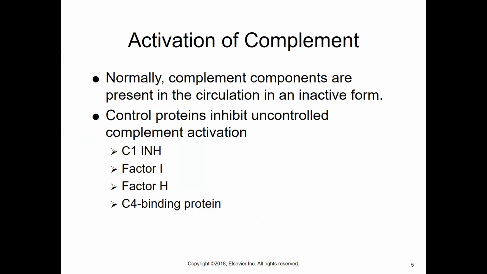The principal components of the classic pathway are C1 through C9. The sequence of component activation is C1, then C4, then C2, then C3, then 5, 6, 7, 8, 9. C3 is present in the plasma in the largest quantities. Put a star by that. You have more C3 than anything.